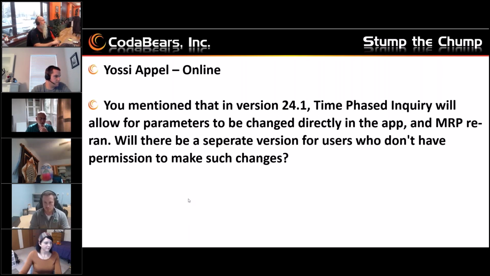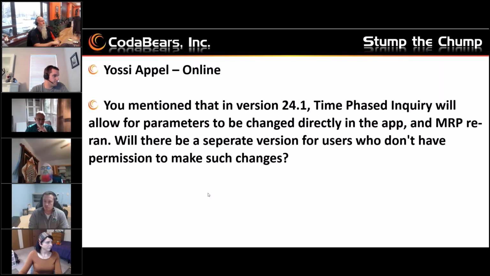Yeah. And it might be that we create a security group. We had several ideas put out there. One might be a security group that says can edit parameters in time phase, and if that's turned on, you're allowed to do it. So we're still, the story is not complete yet on time phase.